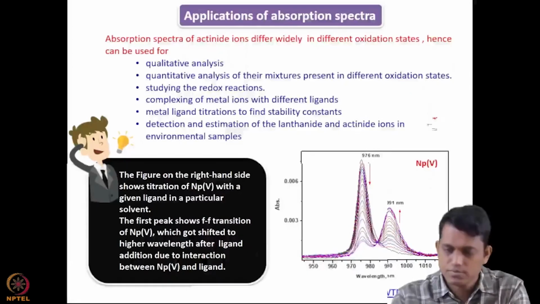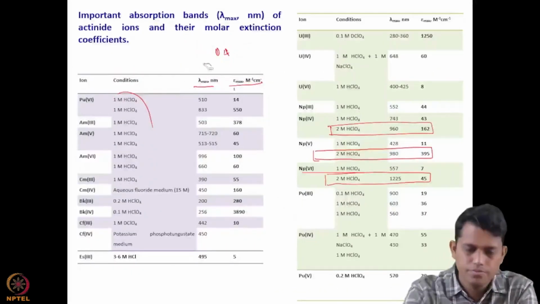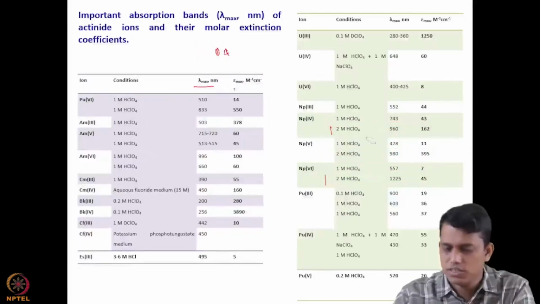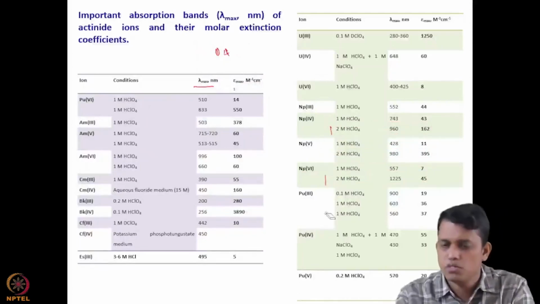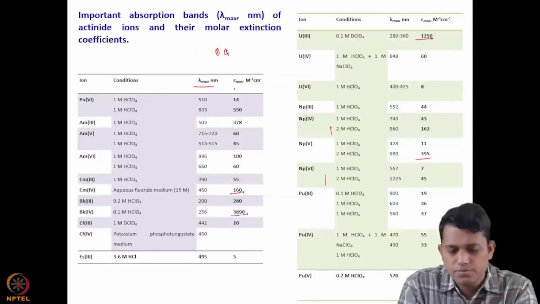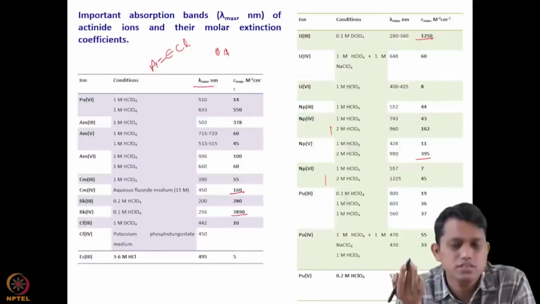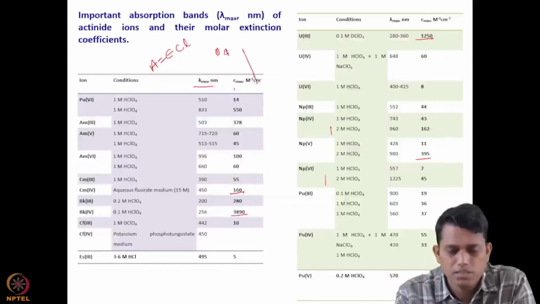The answer is yes. Why? Because in this table, as you can see, we have given the epsilon values for different metal ions. And we all know from the Lambert-Beer law that A is equal to epsilon C l.